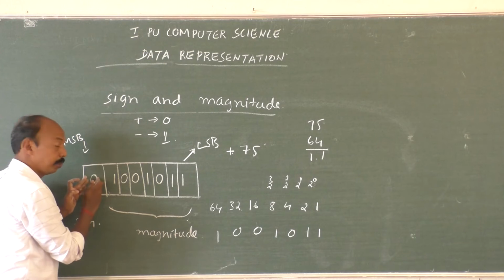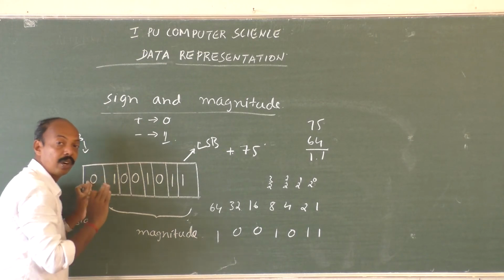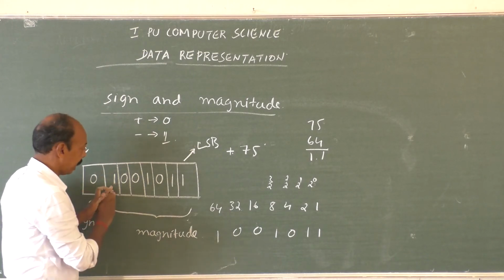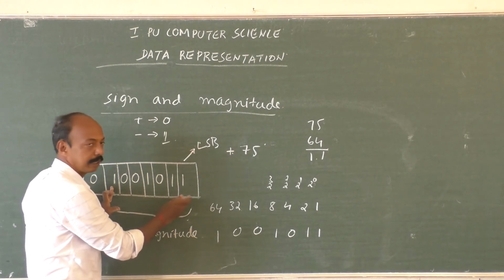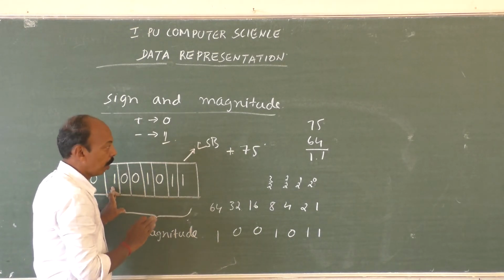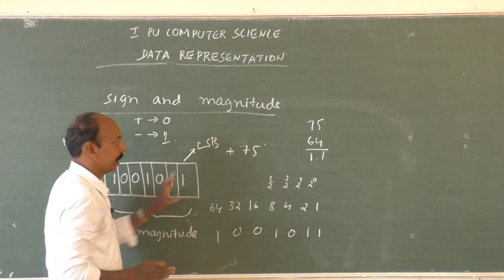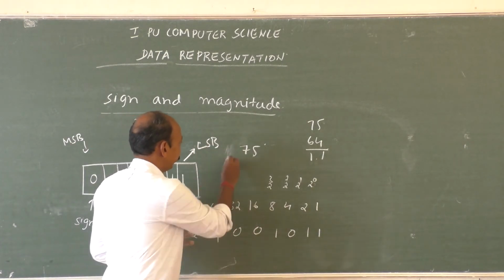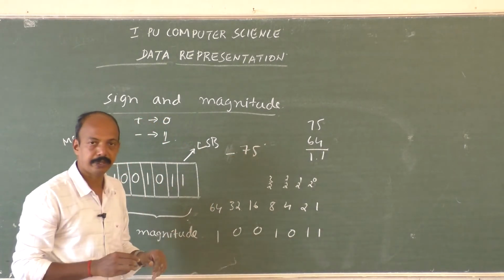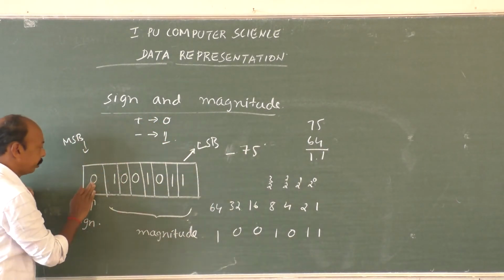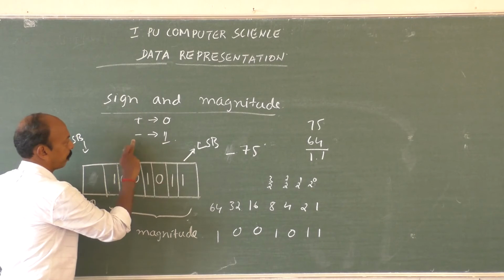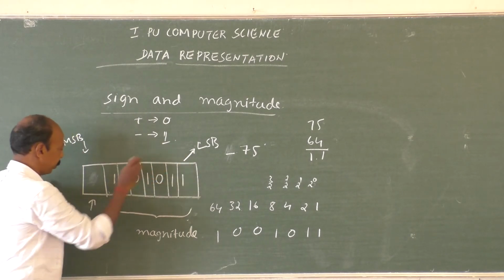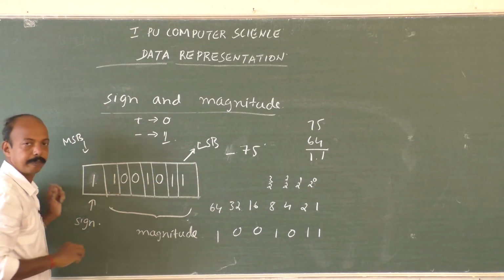Remember, this is used to represent only the sign, not the magnitude. The other 7 bits are used to represent the magnitude. What happens if it is minus 75? What is the change that we need to do here? For minus, it is 1, so that will be 1.